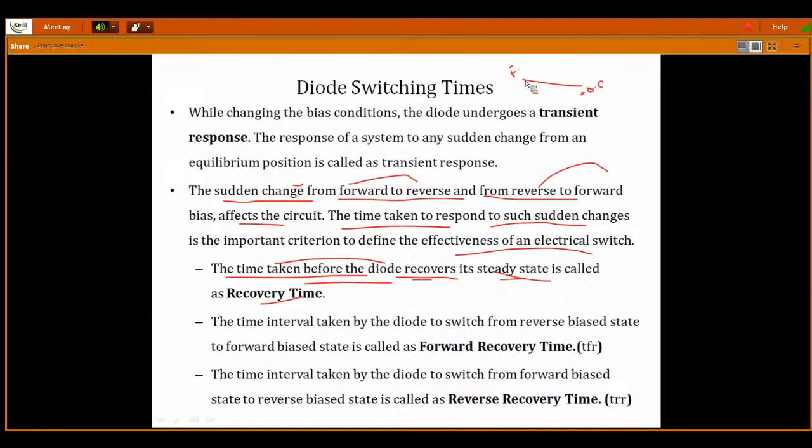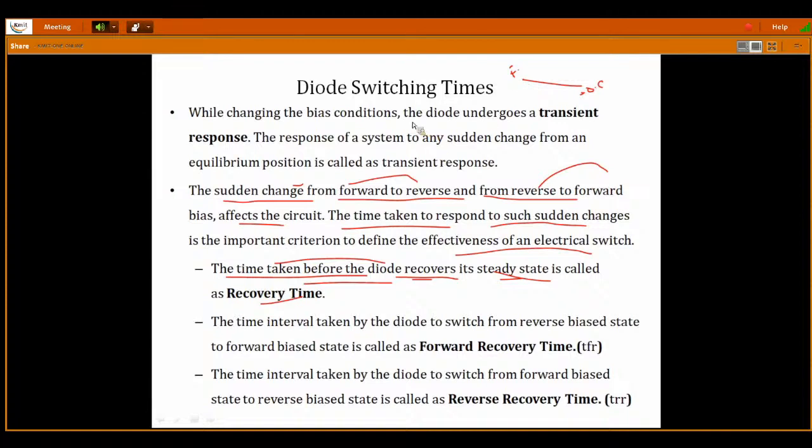Or initially the diode is in the open circuit case, and you make it enter reverse bias. If you want to bring the diode back to the initial steady state, how much time will it take to recover from reverse bias? That is the recovery time. I hope it is clear.